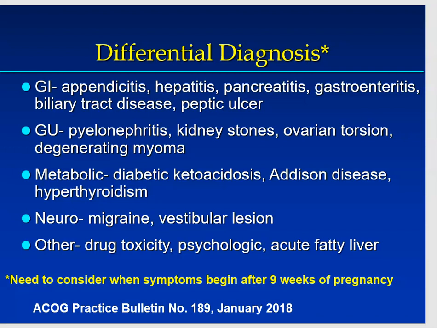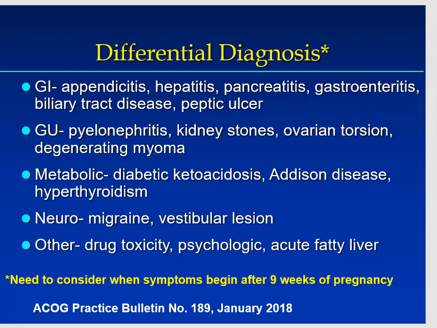Metabolic disorders, particularly diabetic ketoacidosis, can mimic the disorder, but again, these individuals many times clearly have been diagnosed with diabetes, and it's relatively easy to decide whether it's ketoacidosis as opposed to hyperemesis.